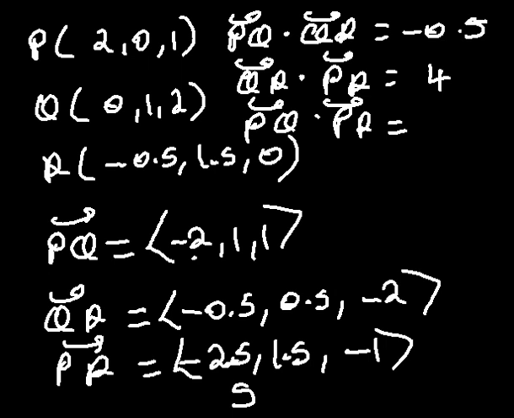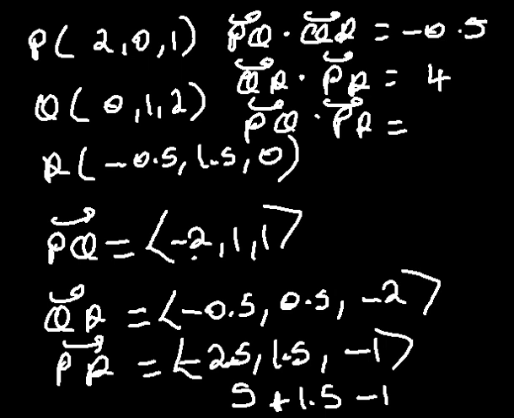Then we have 1 times 1.5, that is 1.5. Then we have 1 times -1, that is giving us -1.